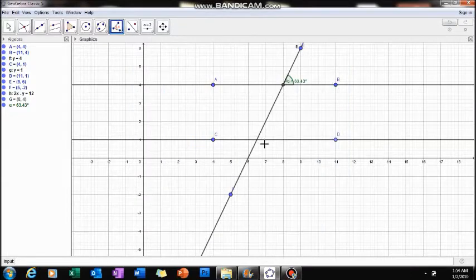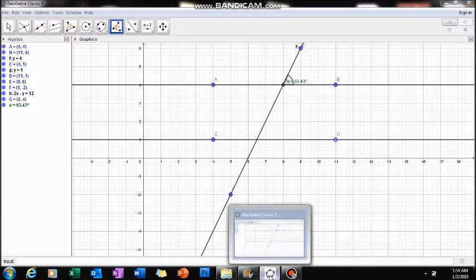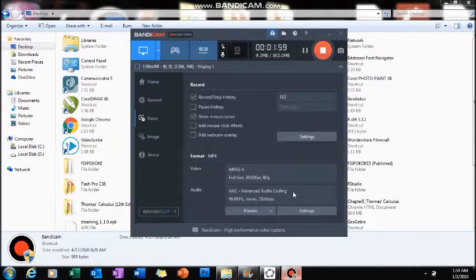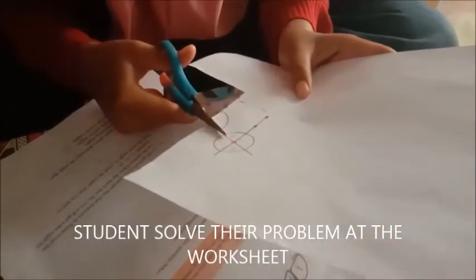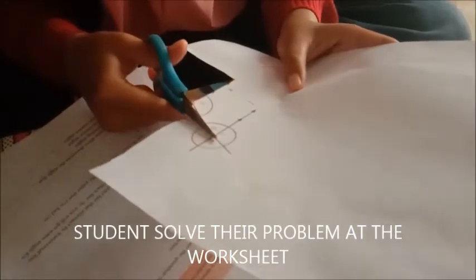So you can make it in your GeoGebra and you can practice how to show the angle in your GeoGebra. Okay. Do you start with cutting the paper? Okay, continue your work.